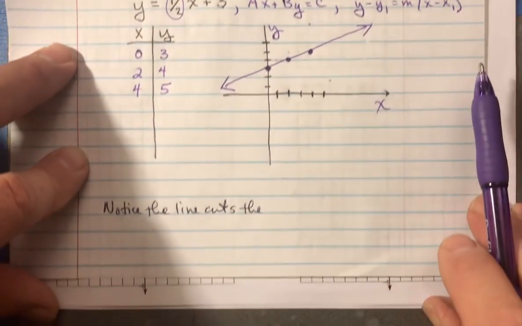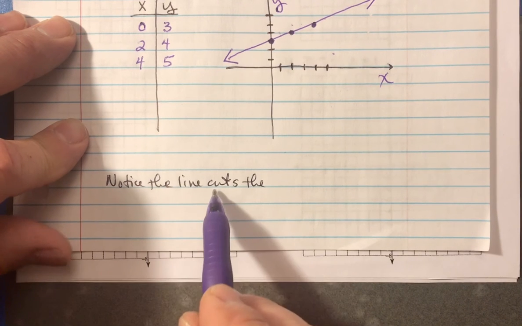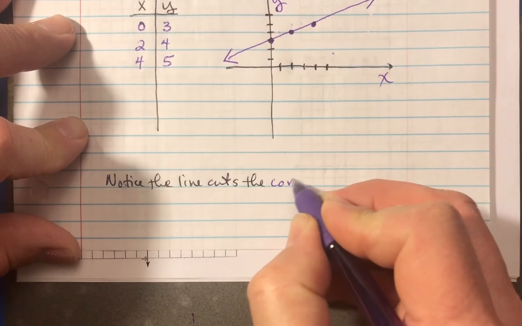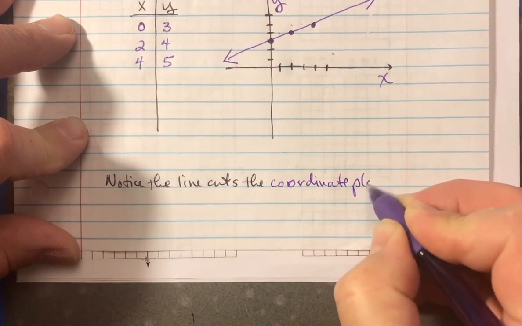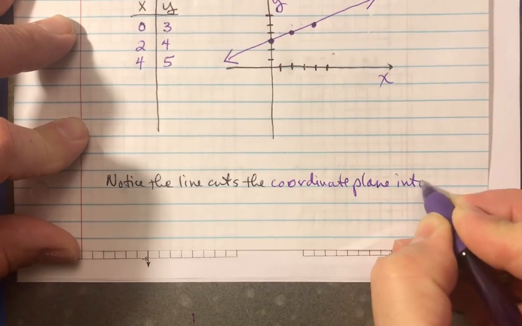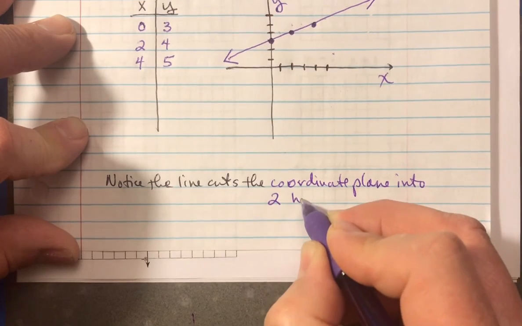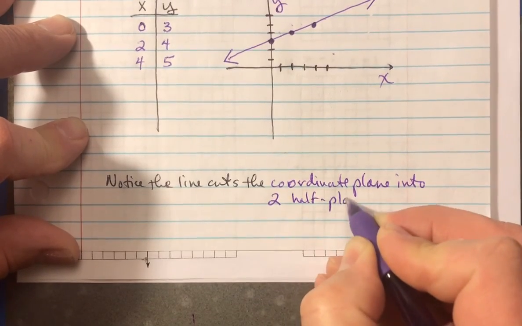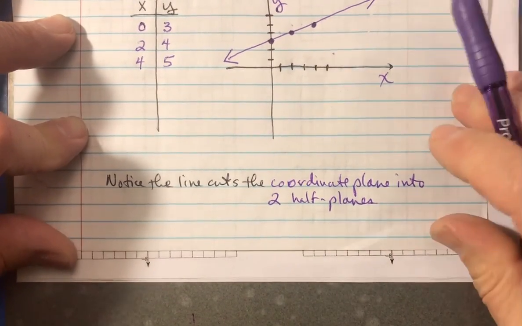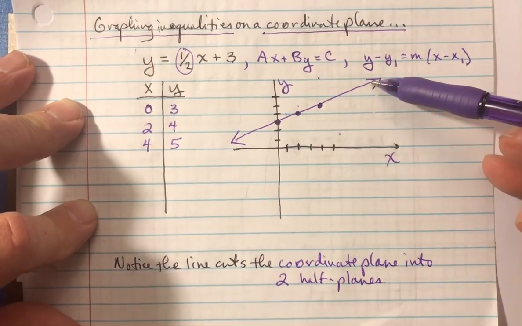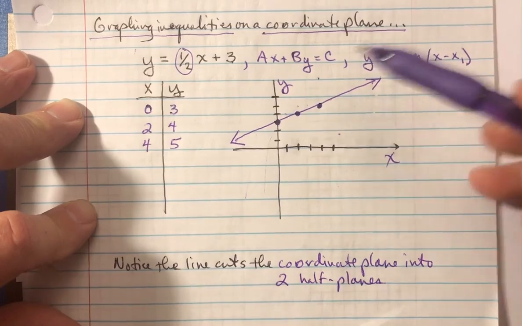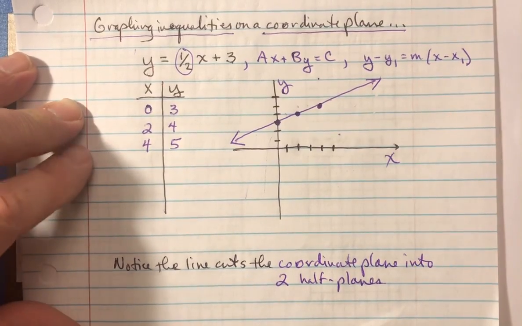And so what we say is that the line cuts the coordinate plane into two half planes. So, two half planes. One of the half planes is on this side of the line, the other half plane is on the other side of the line.